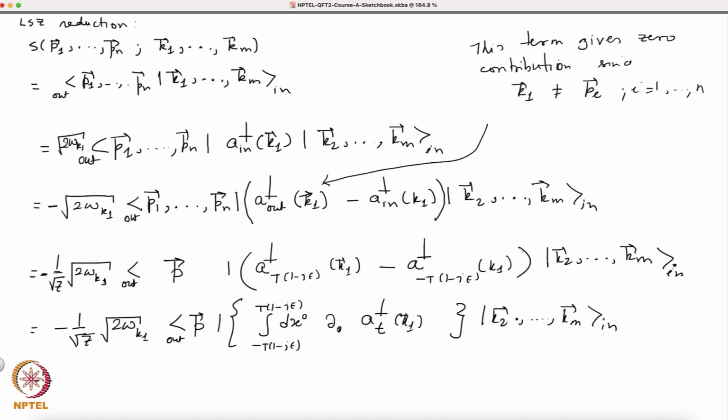So let me just use that and write it down. Okay. So you'll see that if you take this expression and use what is the time derivative of a_t dagger, where t is small t, then it is the following. So we'll have a factor of minus i.